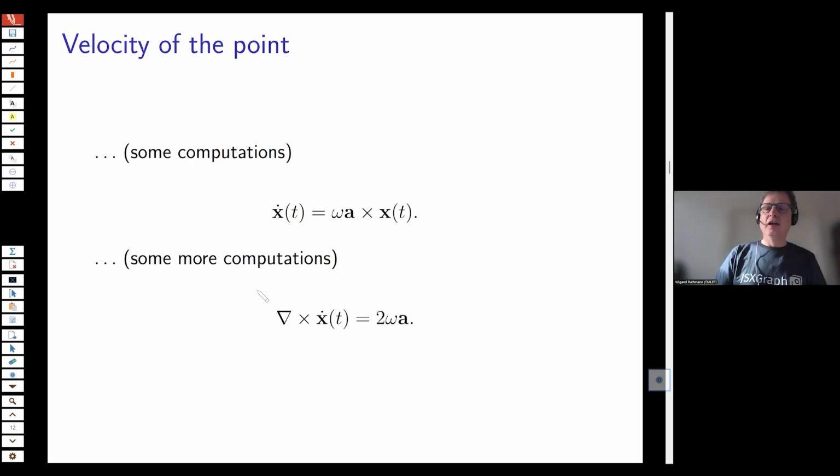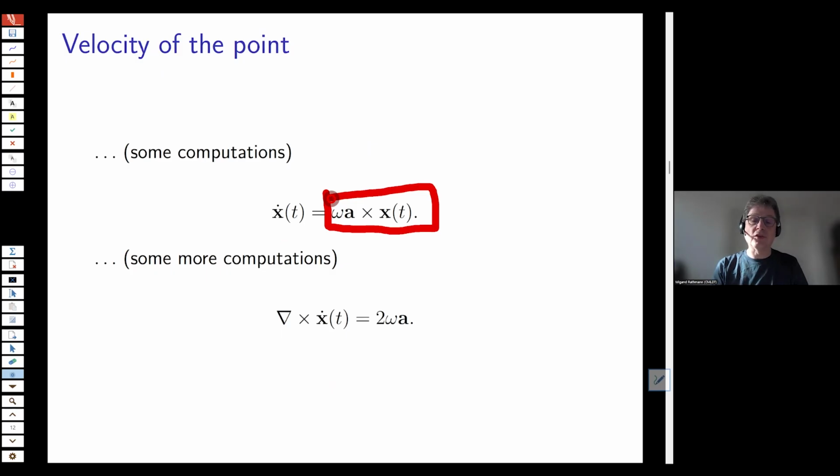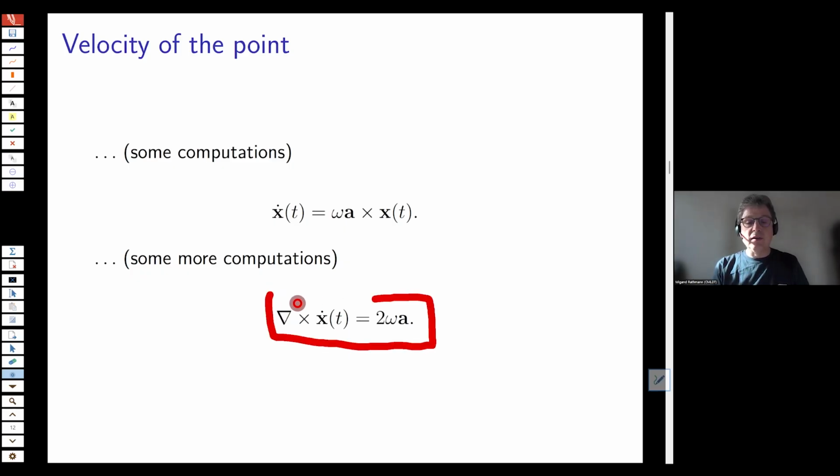These are usually some homeworks, and we will end up with this nice expression. The derivative with respect to time of the point is nothing else than omega A times x, the cross product. Then you can do some more computations, and you will end up here with this equation.